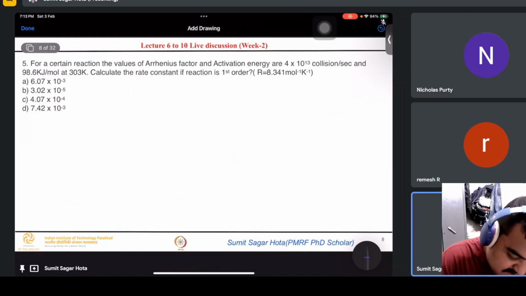For a certain reaction, the values of the Arrhenius factor and activation energy are given: the pre-exponential factor is ten to the power something per second, and the activation energy EA is 98.6 kilojoule per mole at the given temperature. Some data are given.